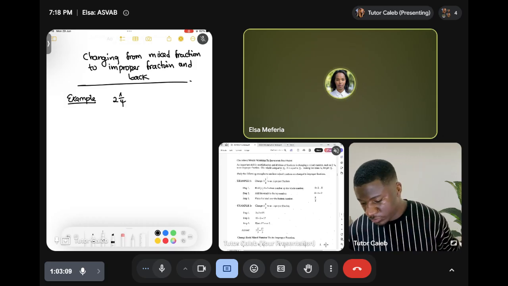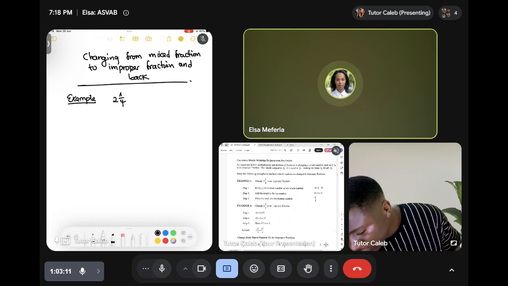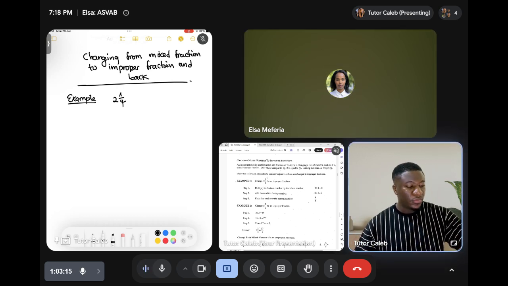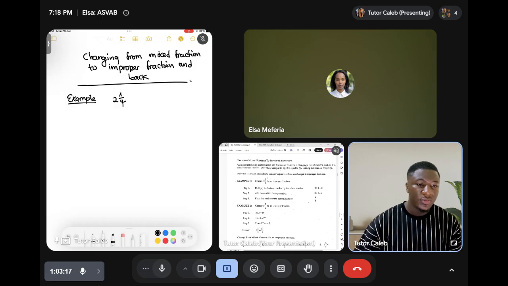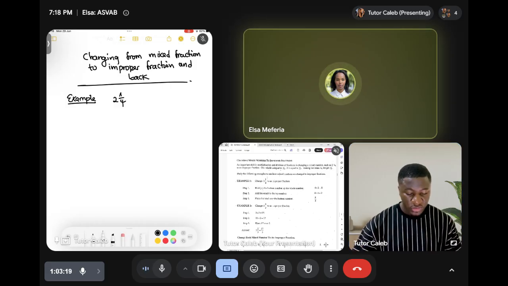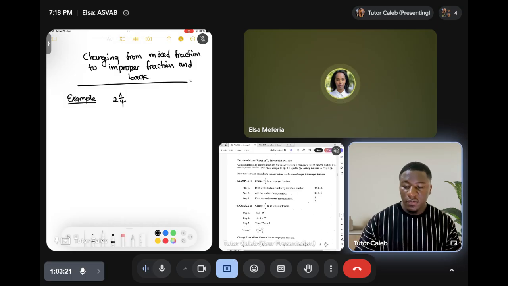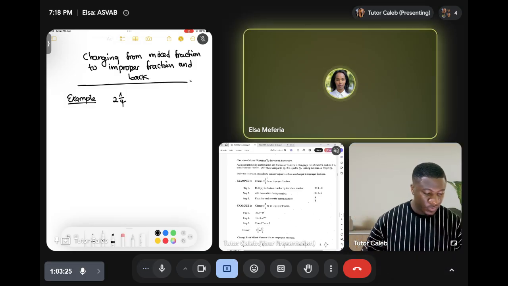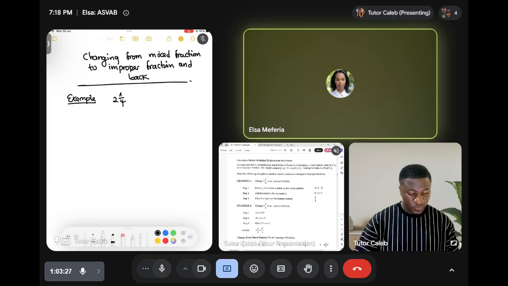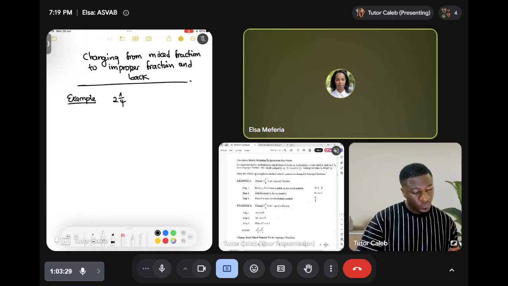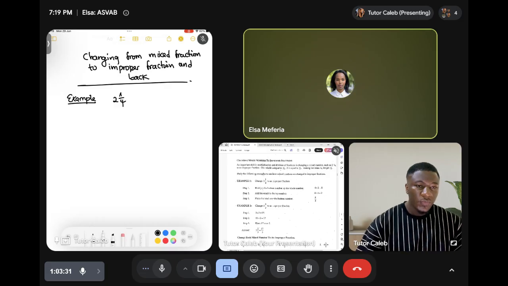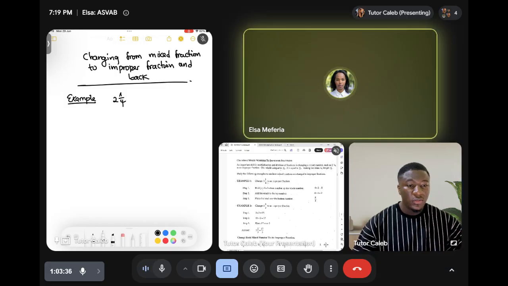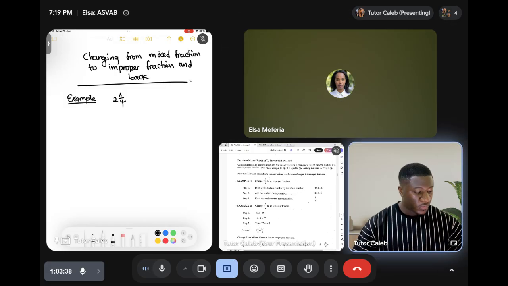So what we're doing right now is we're changing proper fraction to improper fraction, right? Okay, so when we change mixed fraction, yeah, okay, mixed fraction. Okay, so example is 2 1/4.